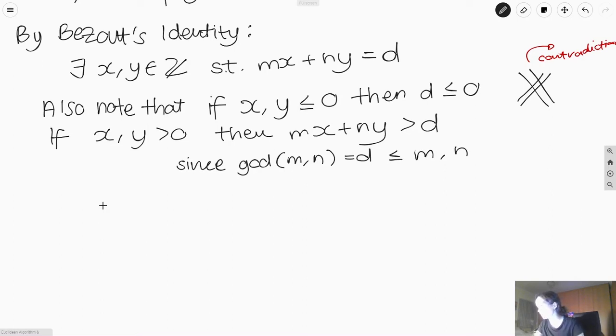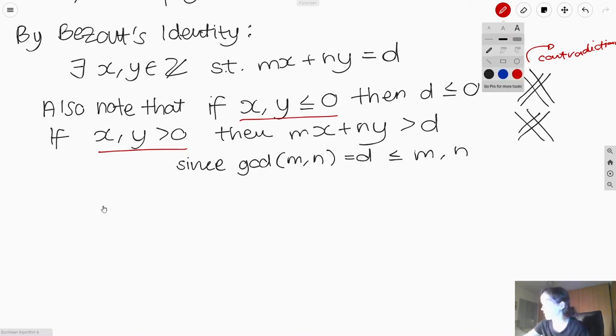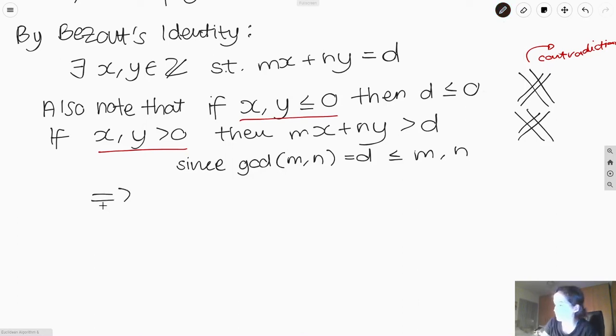So if all of the numbers on this side are going to be bigger than d, or all of them are going to be positive, and we know m and n are also bigger than or equal to d, this would be a contradiction. So both can't be positive and both can't be non-positive. This implies that x and y have opposite signs.